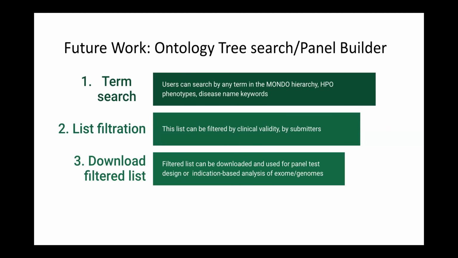Once you have whatever list you've generated, you can filter this list by clinical validity or by submitters, anything that you would like, even mode of inheritance, for example, and then download the filtered list. You could potentially use this for panel test design or indication-based analysis for exomes and genomes. That is definitely the pie in the sky reach, but we're hoping to get there at some point.